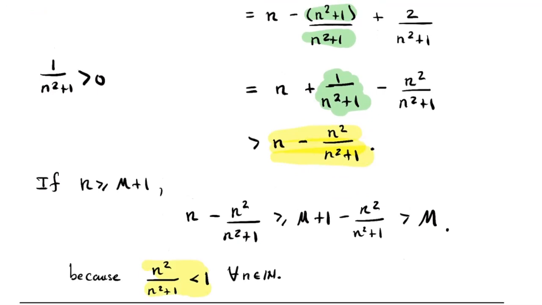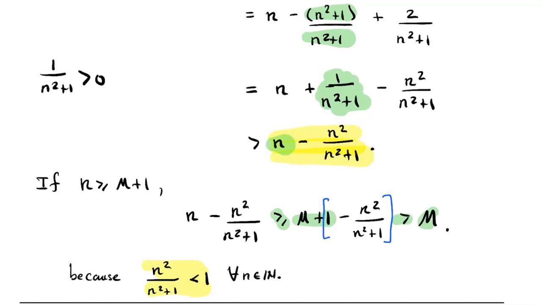Okay, so if I pick n a little bit bigger, bigger than m plus 1, then that difference I have, I'm just replacing this n with m plus 1, making the result smaller. But then I would know that that is greater than m because, again, this difference, 1 minus n over n squared plus 1, is positive. It's positive because when you're subtracting something from 1 that's less than 1, the result is positive. Omitting a positive term makes the result smaller.